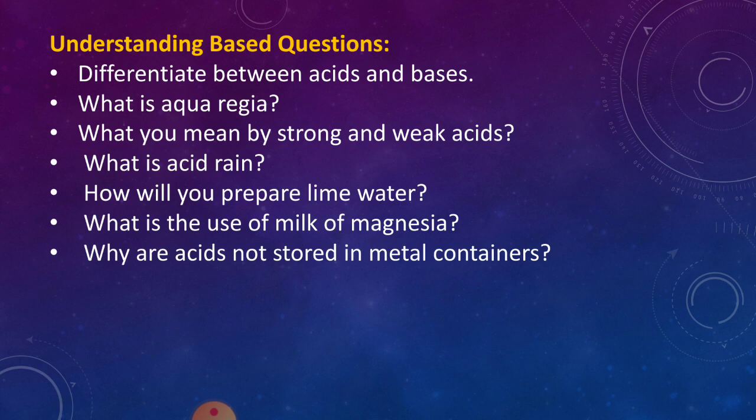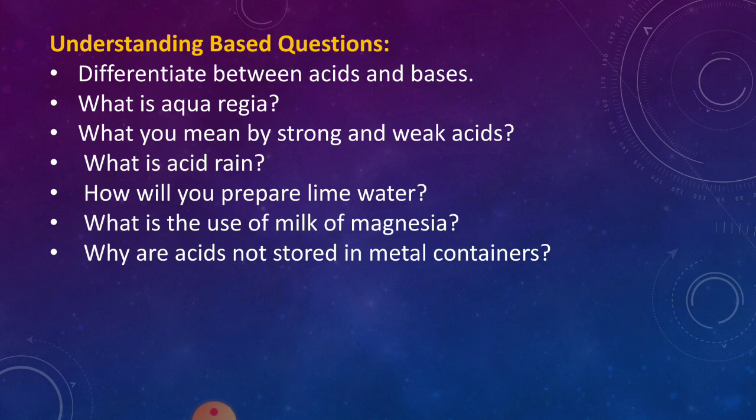So we have discussed acids and bases in this part of this video. Please watch the video completely, and first of all read your book before starting any chapter. I always tell you to read the book.